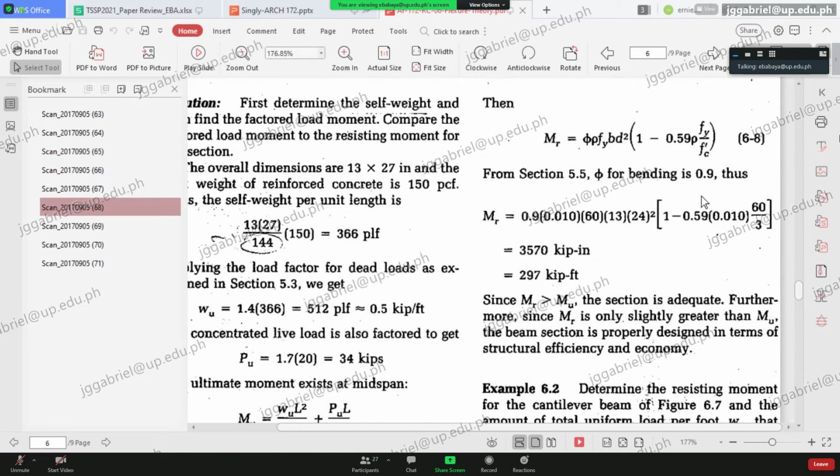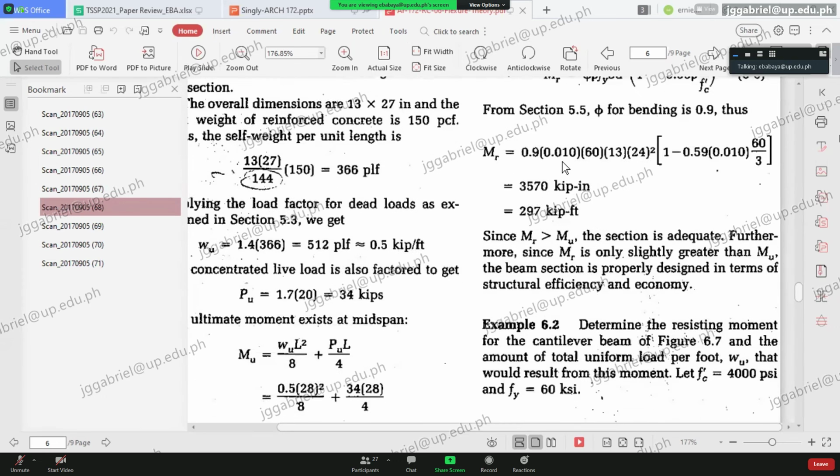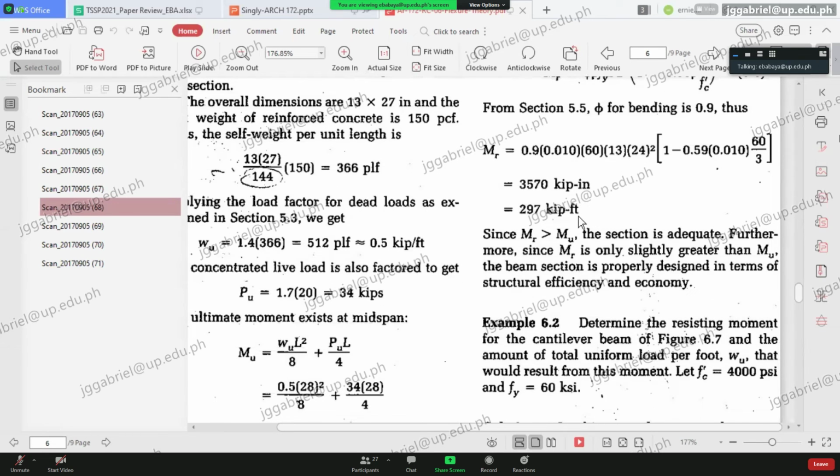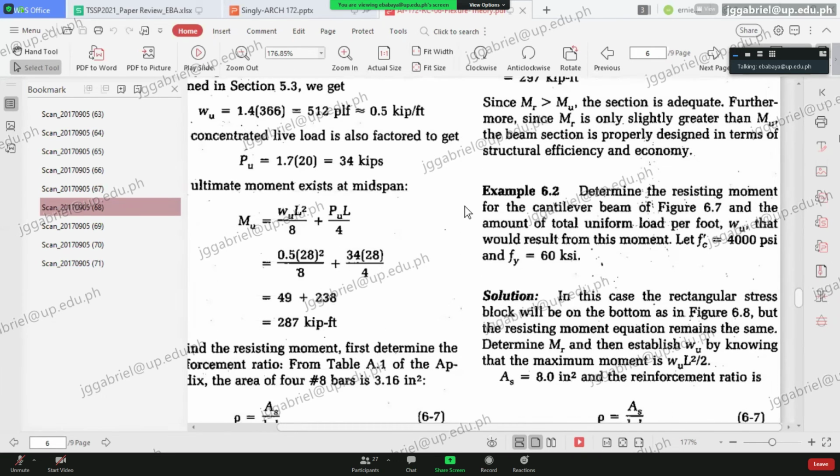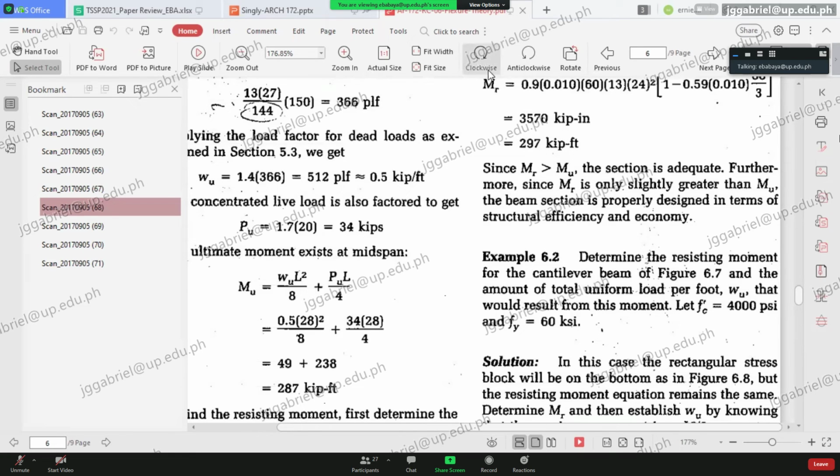But of course, with the dimensions we've plugged in here, initially you get kip inch. And then to convert that to kip foot, divide by 12. So divide this by 12, we get 297. Now, since the resisting moment is greater than the ultimate moment, therefore, the section is adequate.